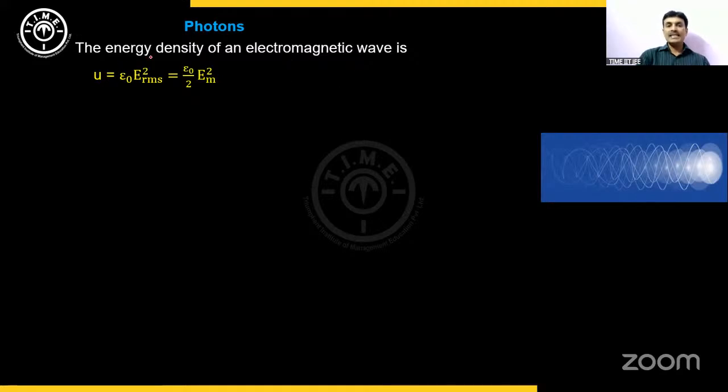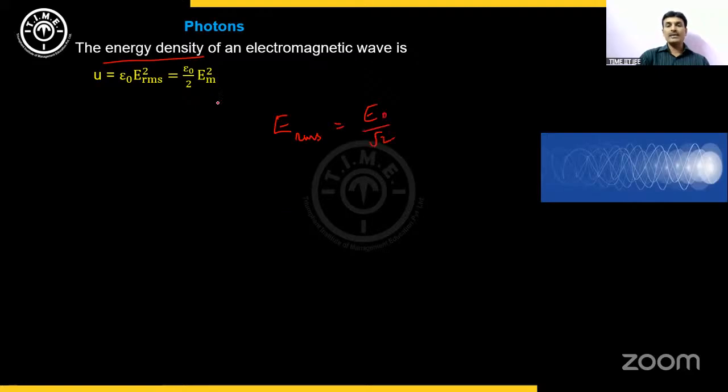Then the energy density of the electromagnetic wave, that is, energy contained per unit volume, is given by U equals epsilon naught E RMS square, root mean square value, where E RMS is E naught, the peak value, by root 2.